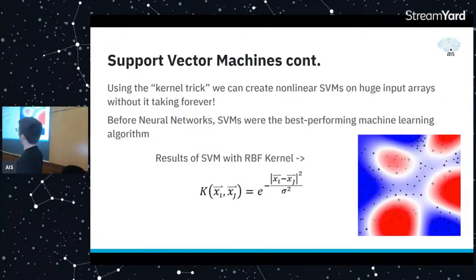Again, I will not be going into this deeply because the math is kind of annoying, but just know that there is something called the kernel trick. It basically allows you to do non-linear support vector machines, which would normally take forever to do, but there are ways to shortcut it and make this feasible.